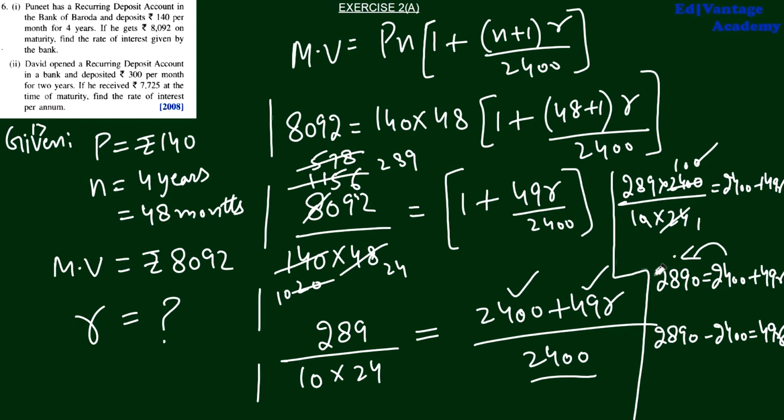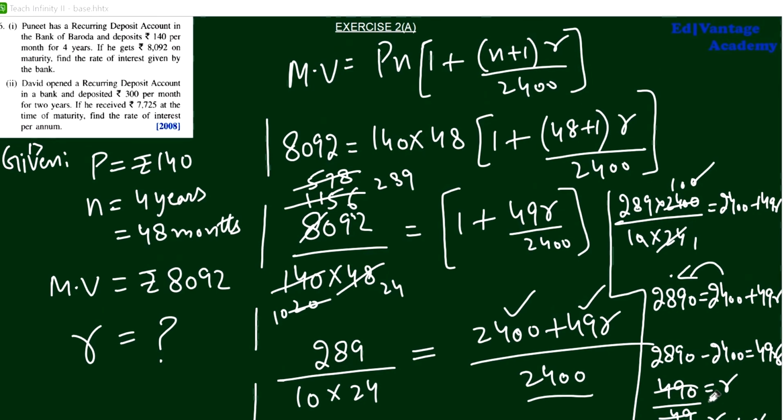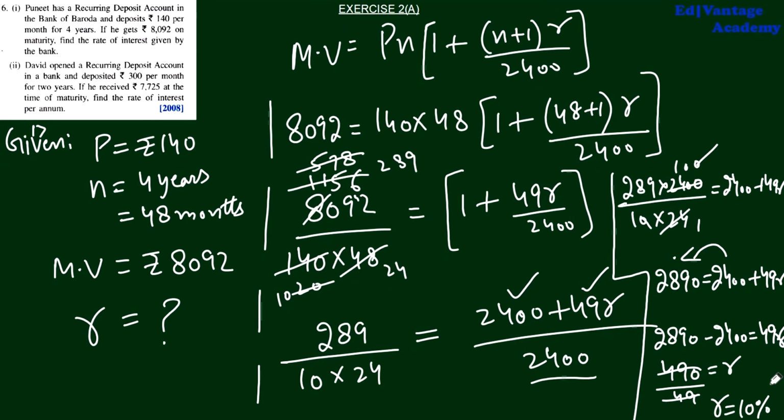So that is 490. 490 is equal to 49r. 49 and r are in multiplication. That means 49 comes in division, and you got r as 10%.